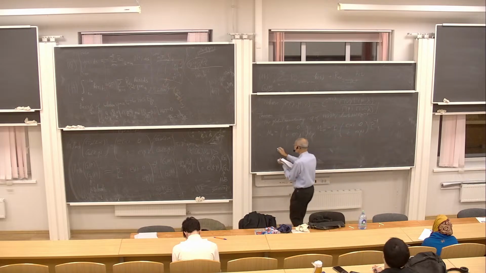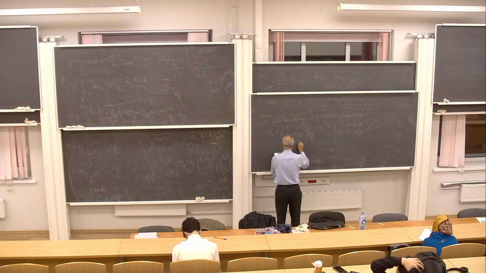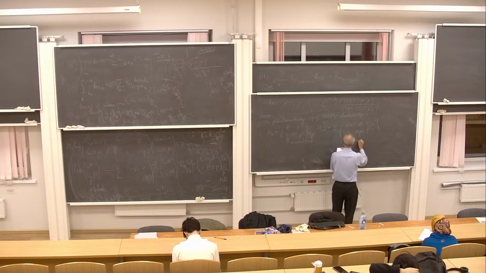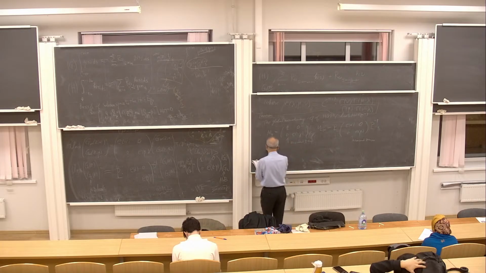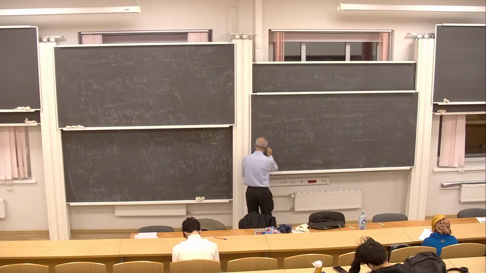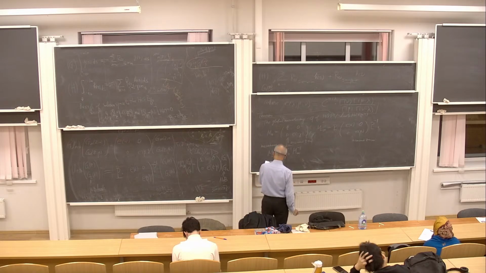And M1, so around z equals 1, the monodromy is obtained as M0 inverse times the monodromy around infinity.